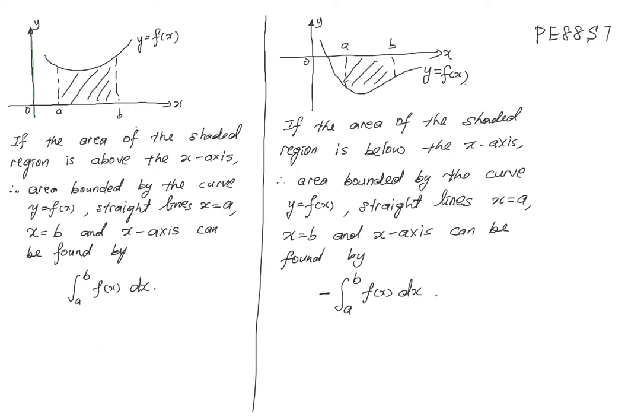Because when you get a definite integral, if the area is below the x-axis, the definite integral will give you a negative value. So area is a scalar quantity. So negative times negative will give you positive. So if you want, you can put a note there. Why is it like that?